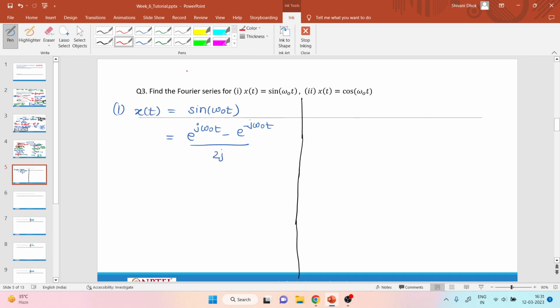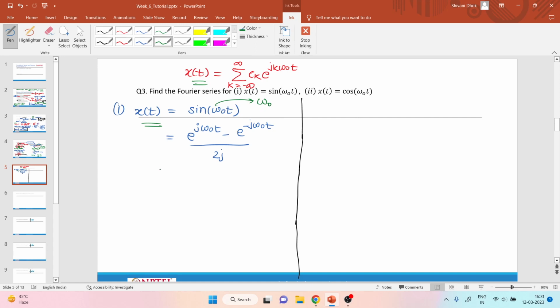Now let us look at this equation, that is x of t, which can be written as the summation of the complex exponentials, ck e power j k omega naught t. Now if I compare this and this, here we know that this is a sinusoid with frequency omega naught, so this is a sine with fundamental angular frequency omega naught.